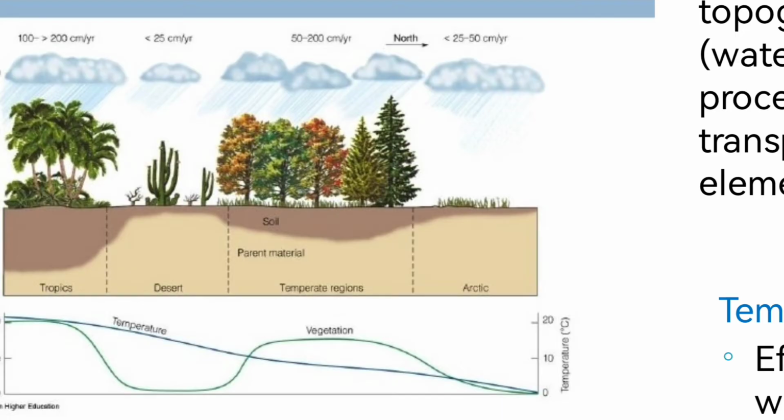So yung blue line na yan, makikita natin temperature, while the green line talks about vegetation. And then above, yung may mga clouds, you can find there the precipitation, which has an average rainfall of, in tropics, for example, we have there in between 1,000 to 2,000 millimeter per year, or 100 to 200 centimeter per year of rainfall.